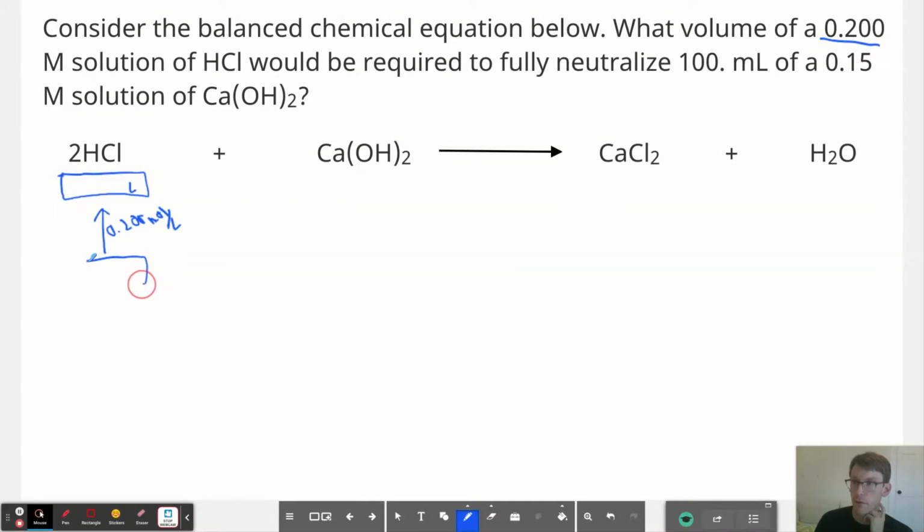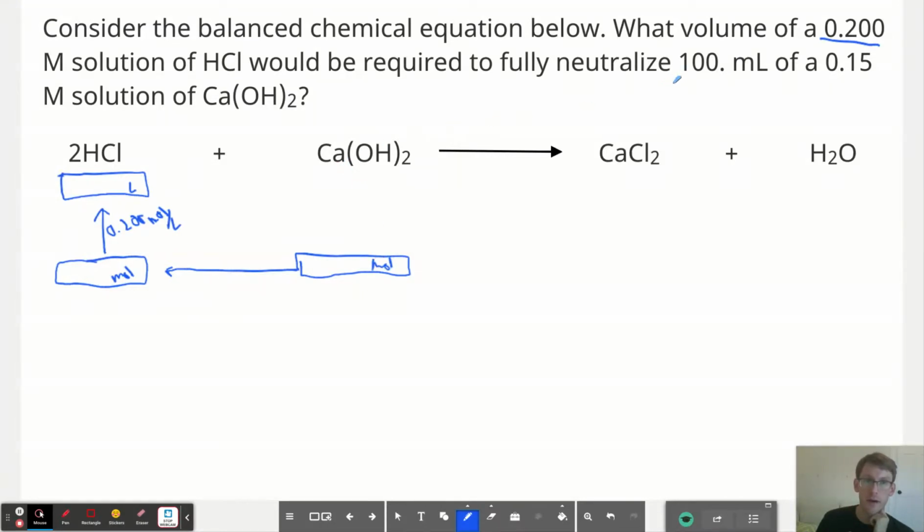So before liters and using concentration, I've got my moles. And let's go, I guess we can keep going in this direction. We're asked about the calcium hydroxide. So I need a certain number of moles of calcium hydroxide. And do I have a measurement?